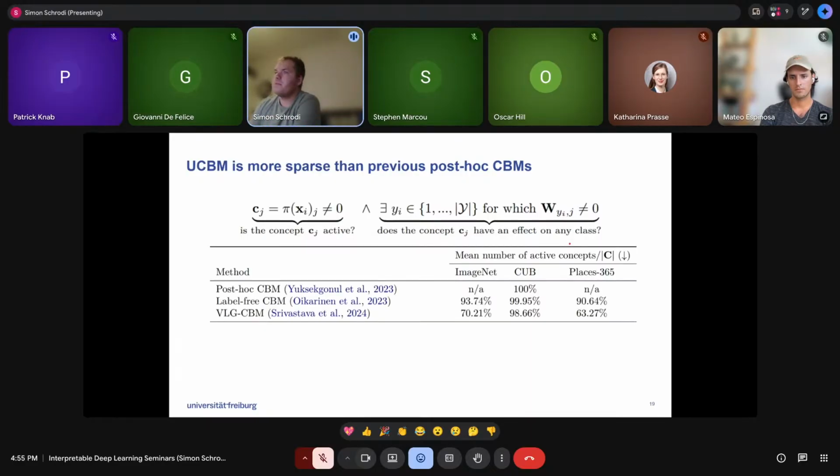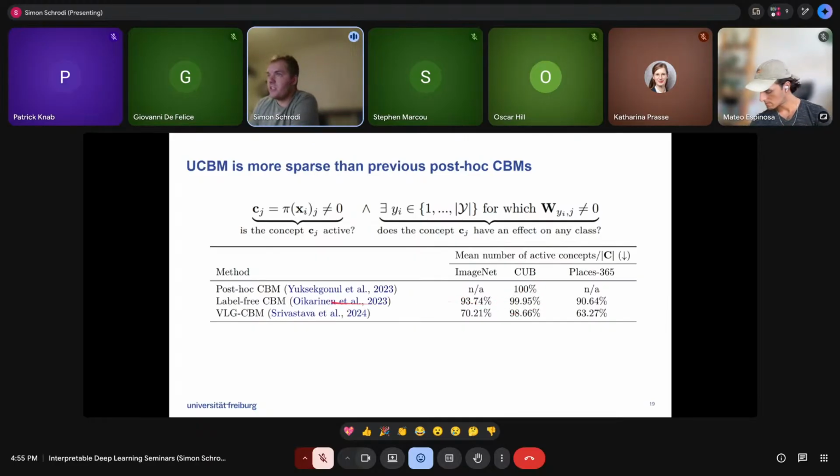So here we computed this ratio, where we have this mean number of active concepts, defined with this equation, and divide this by the total number of concepts. The reason being that all these methods, also ours, have slightly different numbers of concepts, and to make them comparable, we make this relative.